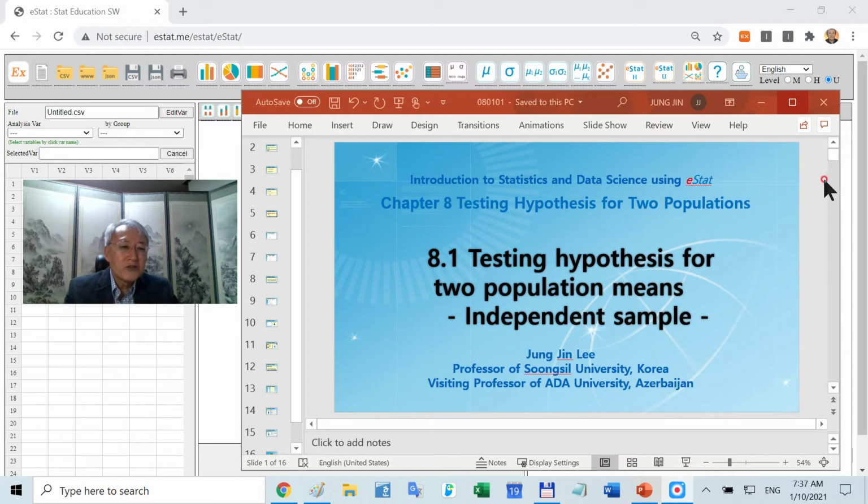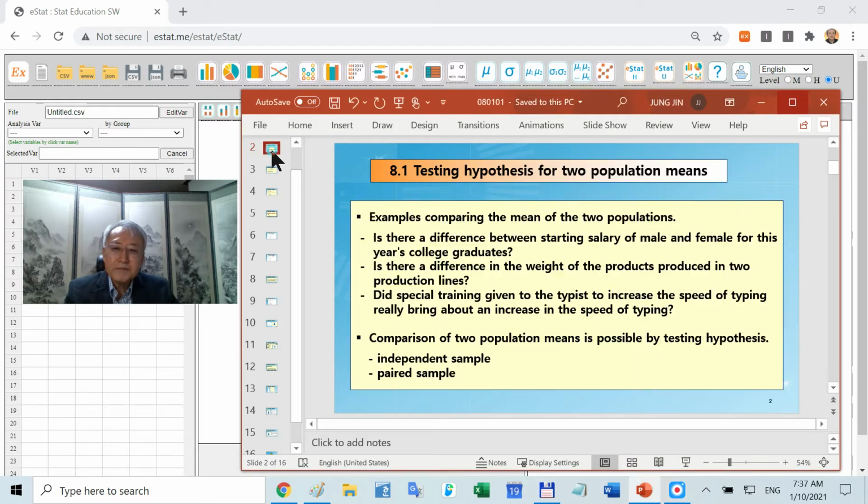Let's start with two population means in case of independent samples. Here are examples for testing hypothesis for comparing two population means. It is a sensitive issue. Is there a difference between the starting salary of a male student and a female student who graduate this year?